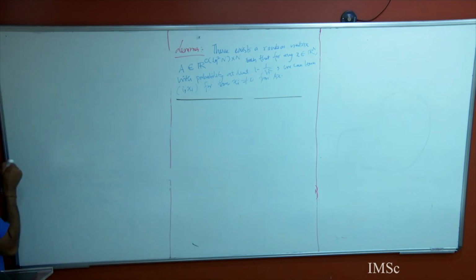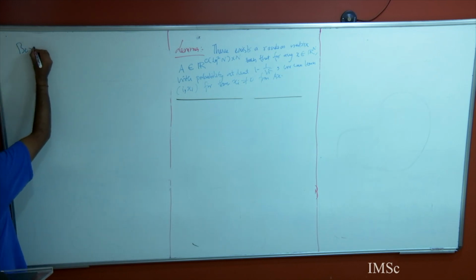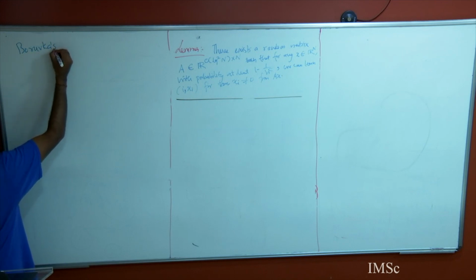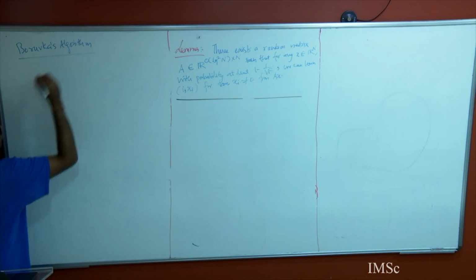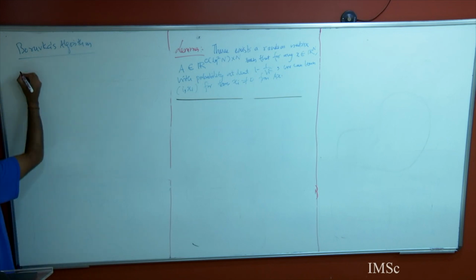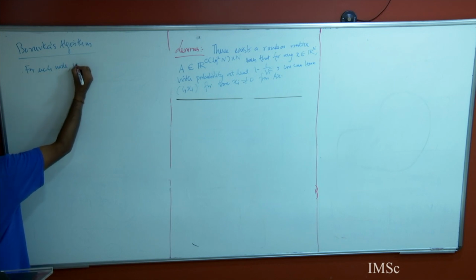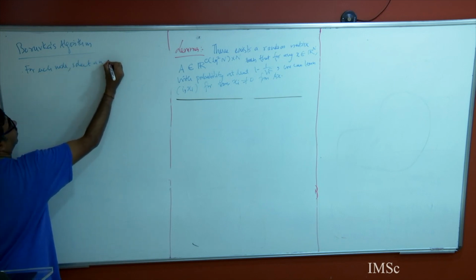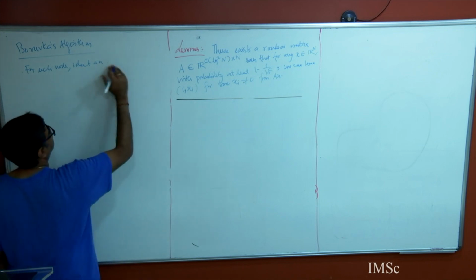Okay. So what we used is what is called Borůvka's algorithm. Okay. So what is Borůvka's algorithm? For each node, select an incident edge.